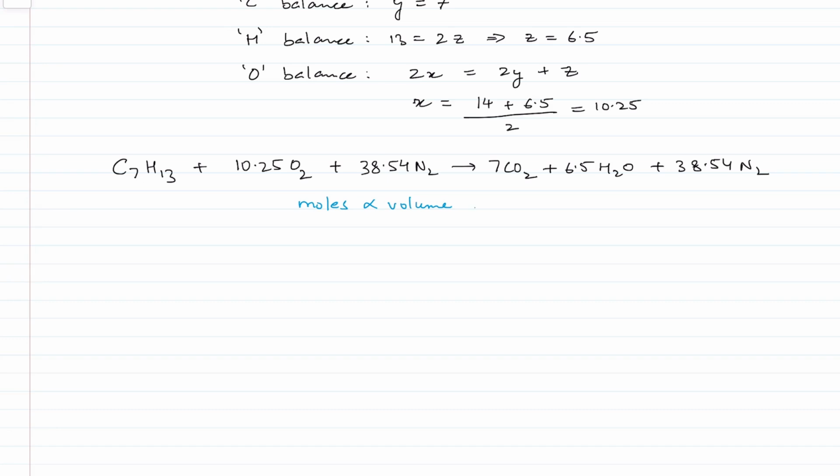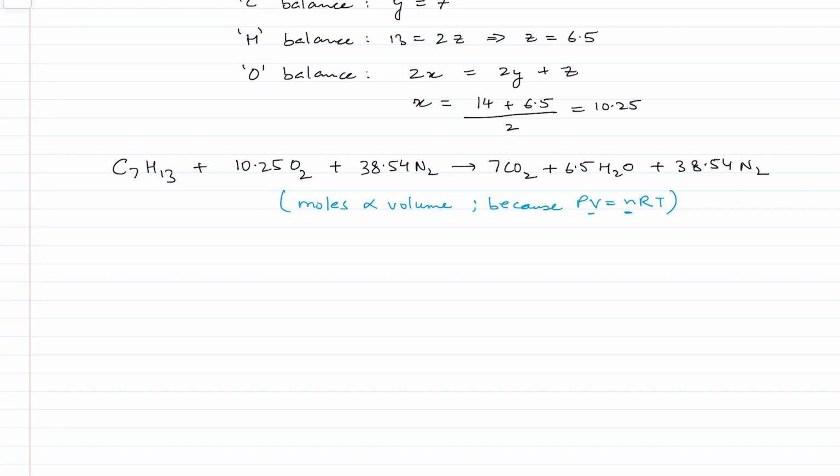Why? Because PV is equal to nRT, so moles and volumes are proportional to each other at a given temperature and pressure. And so we could just look at the moles and calculate the volumetric concentrations.